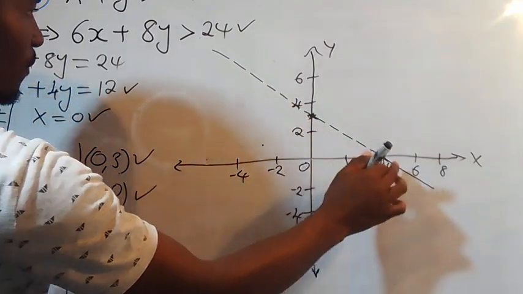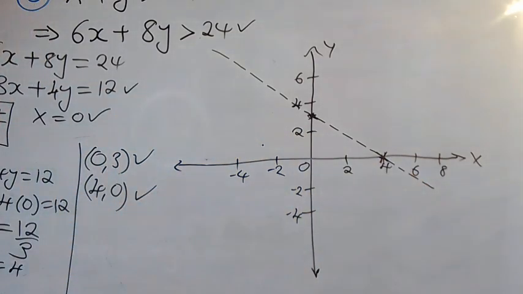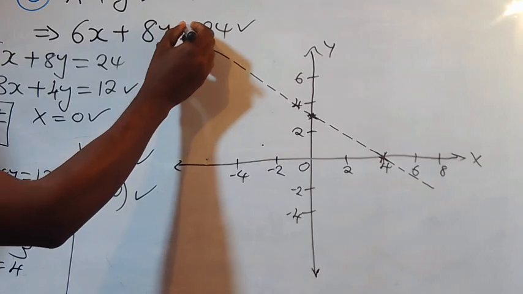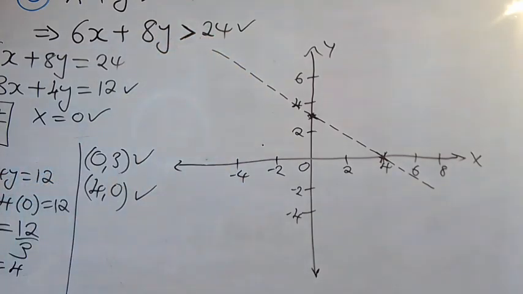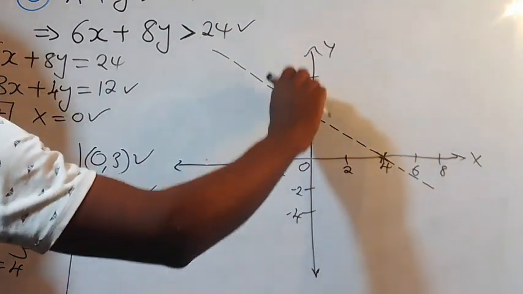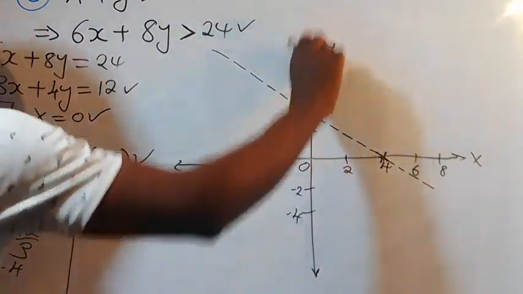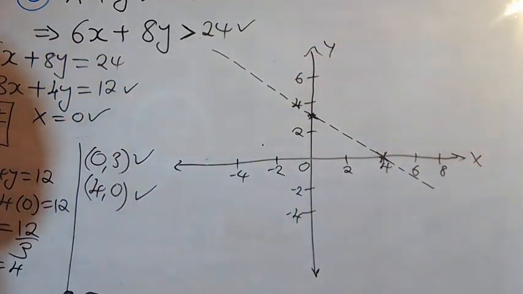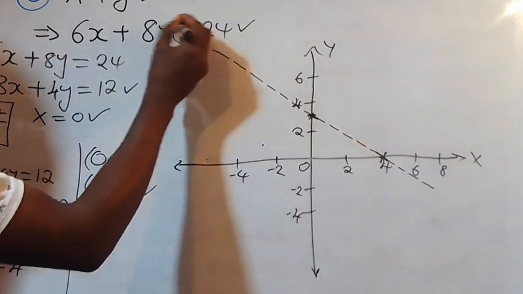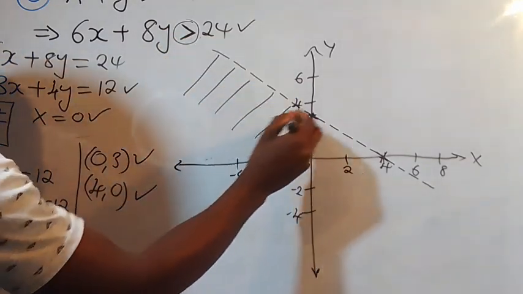Which part do you shade? Because we are looking for the greater than part, we shade the less than part. Between the above and below, below is less than, and above the line is greater than. The one we are going to shade, the opposite of greater than, is less than. So the less than is this part.